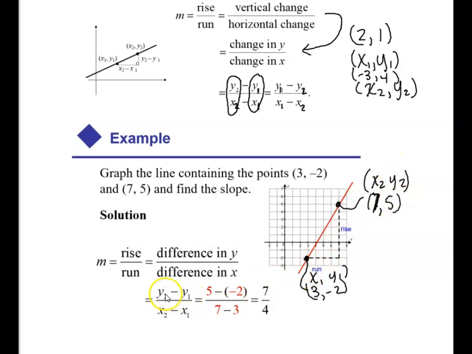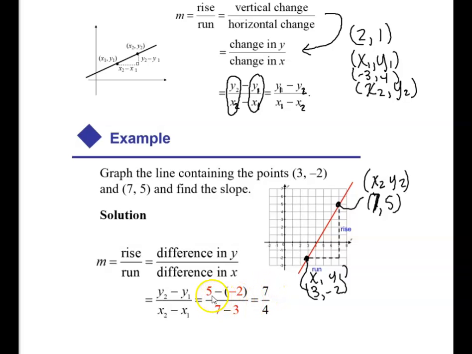So they're saying take y2, which is 5, minus y1, and y1 was negative 2. Now you've got to be careful here because you're subtracting a negative number. On the bottom we've got x2 minus x1, so x2 is 7 minus x1, which is 3. So 7 minus 3 is 4.